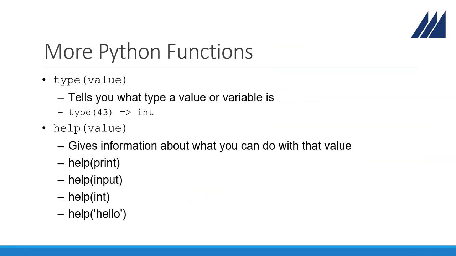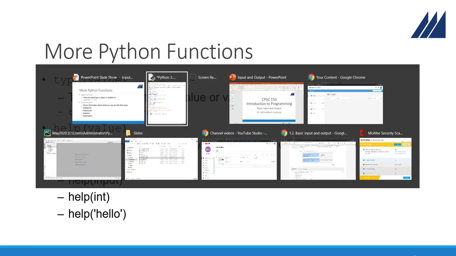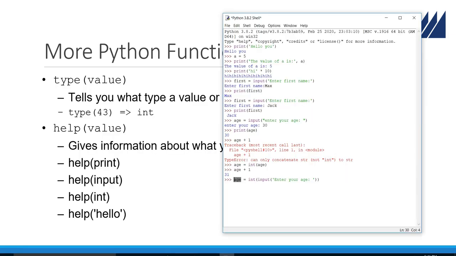There are more types that we have, more functions that we have. One of them is type. Type is actually going to give you the type of the variable that you have. If you type the word type, it's a built-in function. If I say what is the type of age that I just created, it's going to tell you it's an integer. So it basically tells you the type of the variable or the objects that you have.